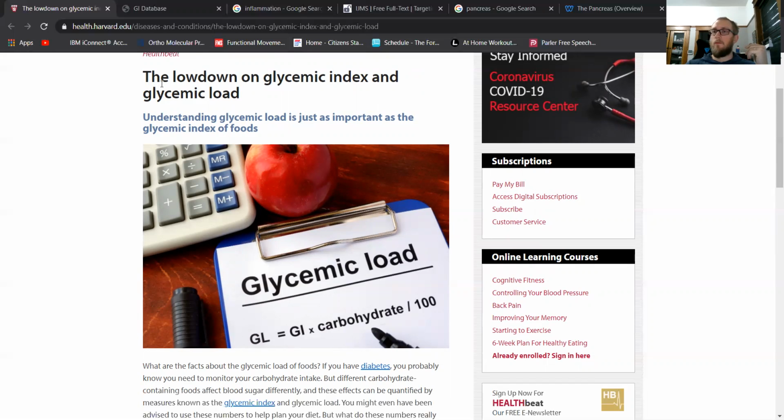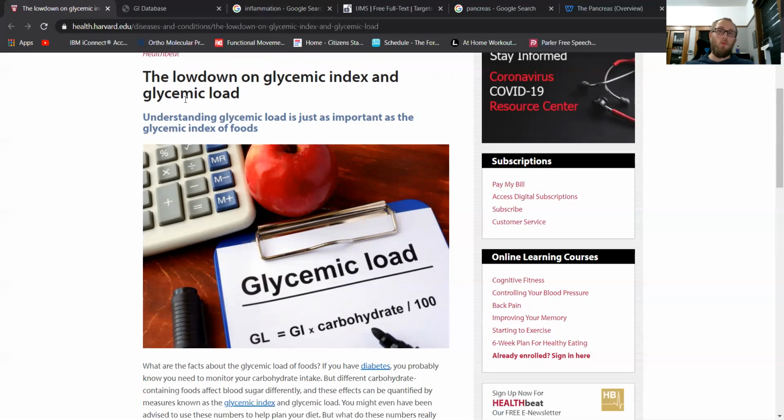Even though some foods, and I think they have a good example in here, may have a high index number, when you put it in perspective, the actual load on your body is low, and vice versa. Some foods in the mid-range, even though the index number is low, are usually consumed in amounts per serving that make the load on your body pretty high.